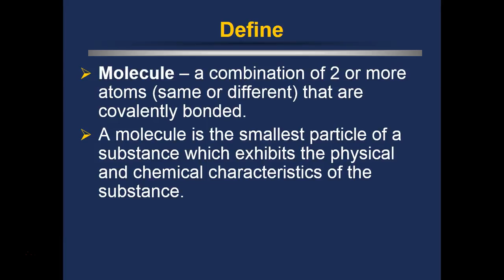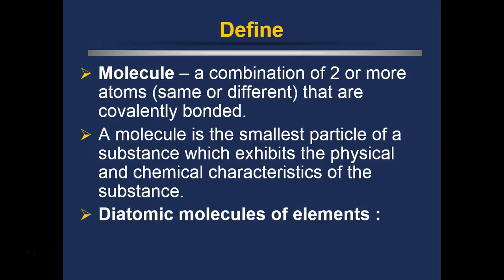So there are some things, like water, where you can't break them down into atoms because that would change the substance that it is, but you can break it down into molecules. So a molecule of water is the smallest particle of water that still behaves like water and has all the physical characteristics of water.